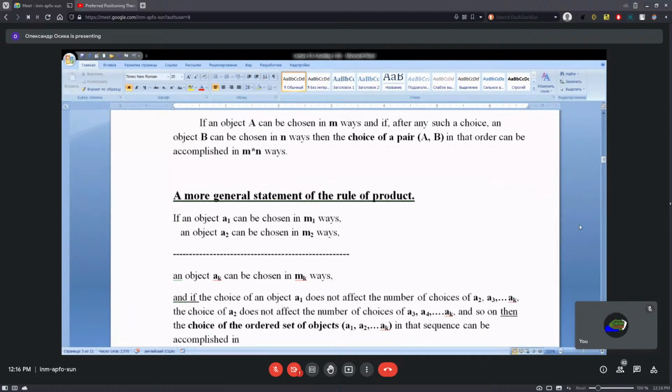So we take an ordered pair, first an object of type A and after that an object of type B.